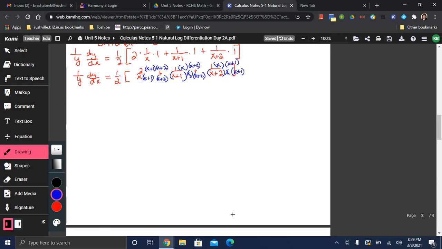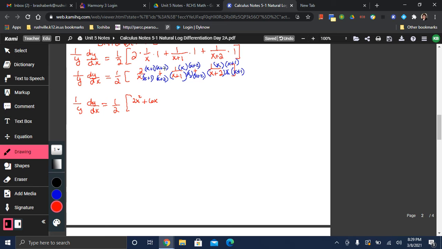So this would give us 1 over y dy dx equals 1/2. And then, unfortunately, you're going to have to multiply all this out. So x plus 1 times x plus 2 times another 2 is going to give you 2 times x squared. So that's going to be 2x squared. And then you'll have 2x and 1x. That's 3x. Taking that times 2 would be plus 6x.